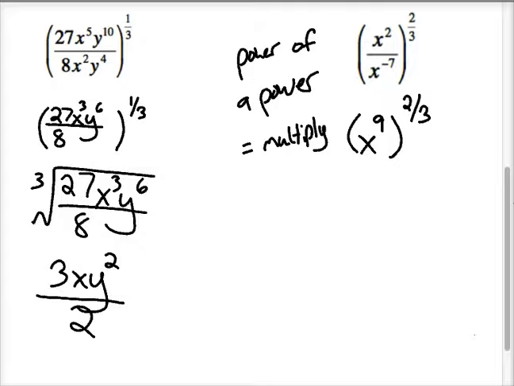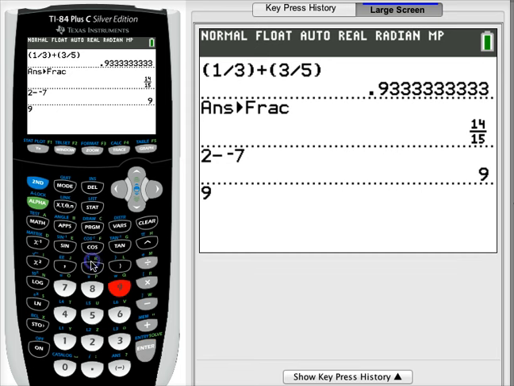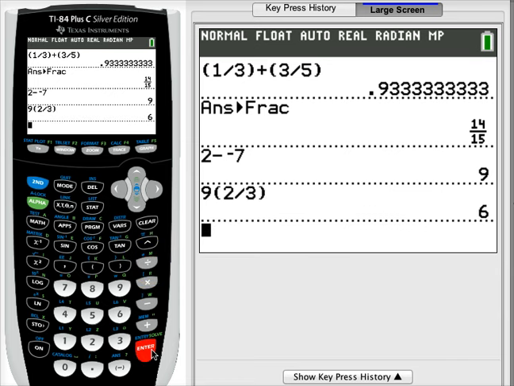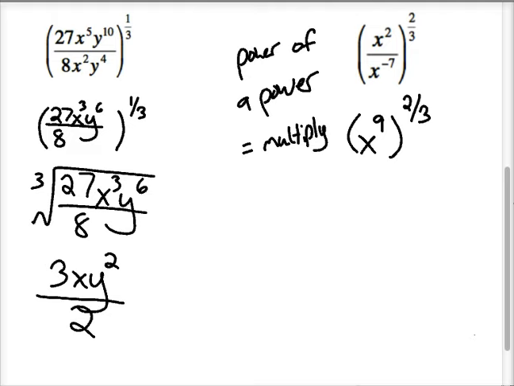All right, well, 9 times 2/3, that's going to leave us with 6. So if you can remember that rule, that power of a power means to multiply, you can actually just turn that right into 6. Okay, so that's going to leave us with x to the 6th.